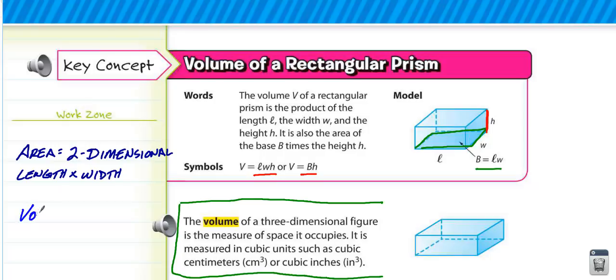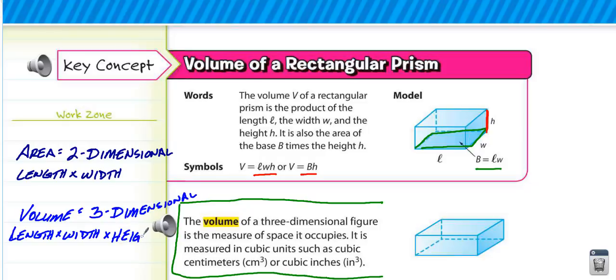Volume, three-dimensional. And since it's three-dimensional, we have to multiply three things. We have to multiply the length times the width times the height. So when you're looking at a three-dimensional object, you're multiplying three things together.